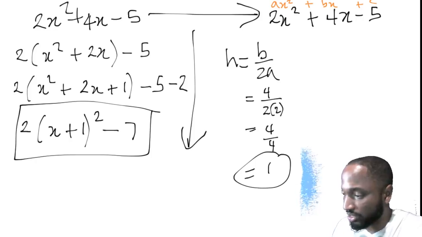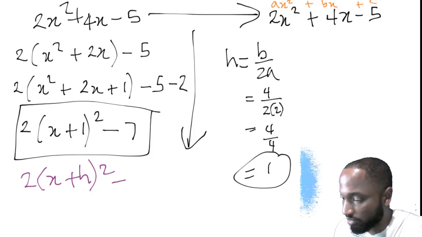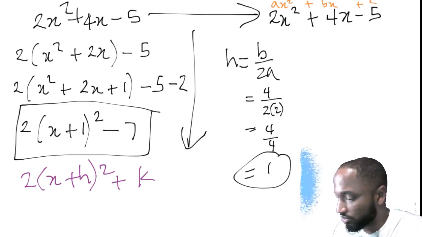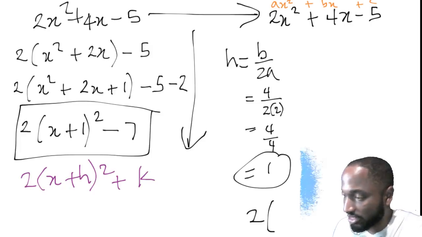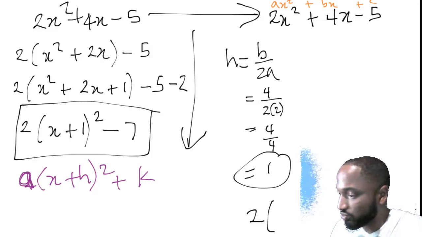Remember, I want to put it in 2(x plus h) squared plus k form, right? So writing it back over now. So far I have the 2, because that is a.